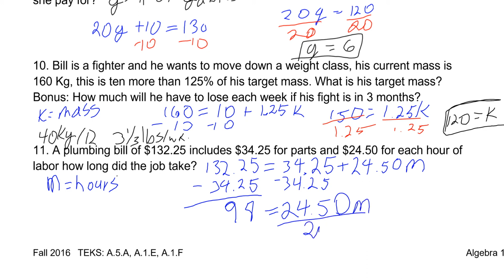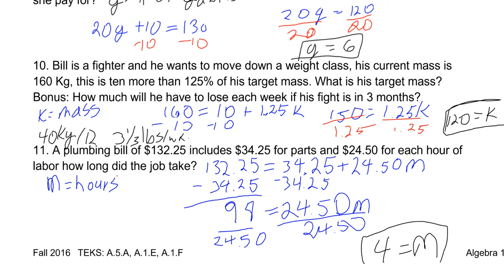So that's 98 divided by 24.50. That means that 4 equals M. So it took the plumber 4 hours to fix it. Simple enough. Alright, next page.